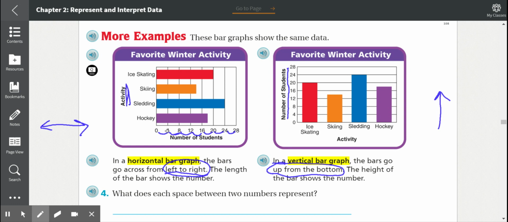So 0 to 4 means it's been 4 students. 4 to 8 means it's been another 4 students. 8 to 12 is another 4 students, and then so on. So the space between the two numbers means that is 4 students, 4 students' votes, whether they like hockey, sledding, skiing, or ice skating.